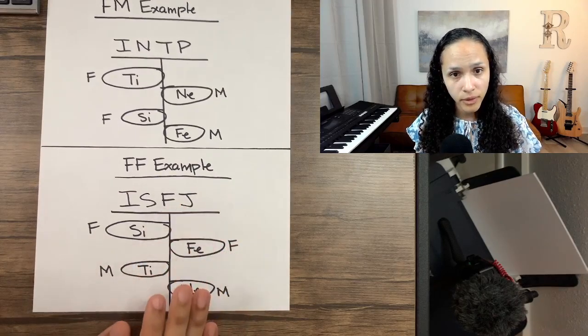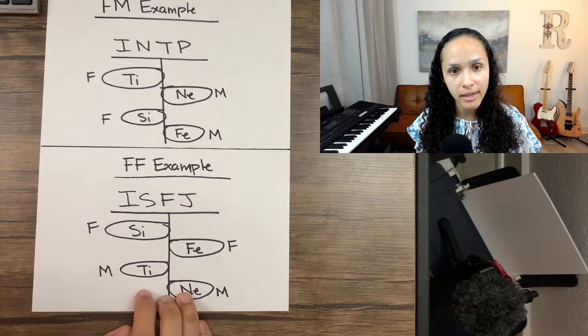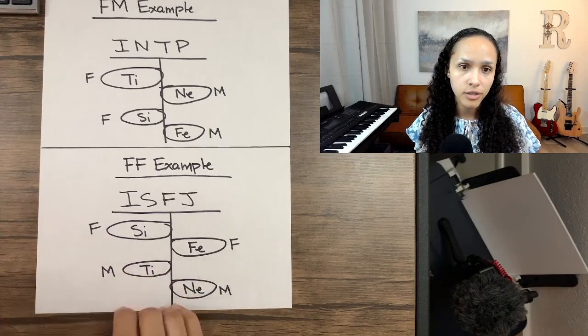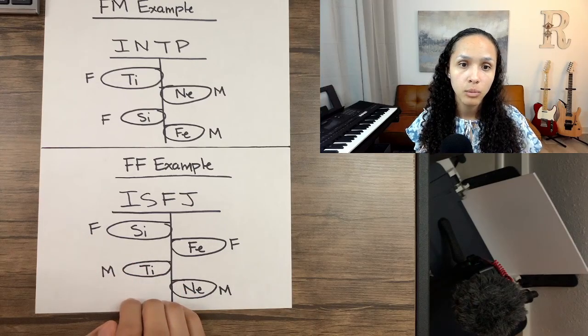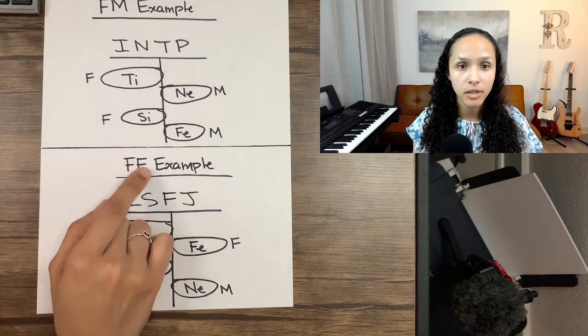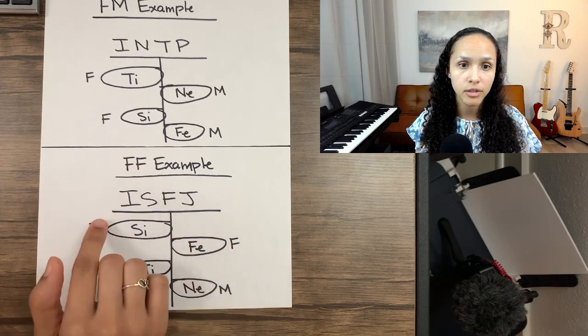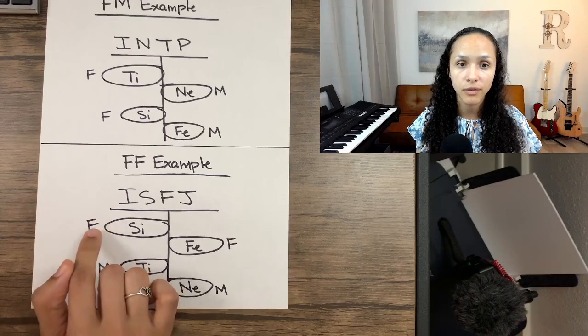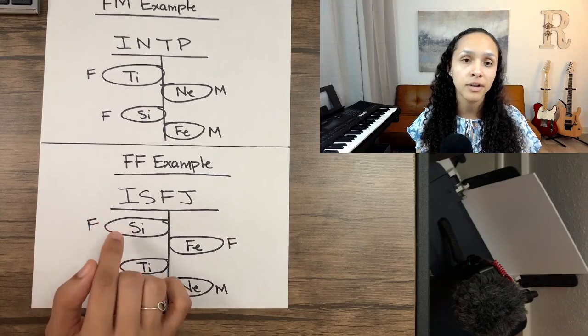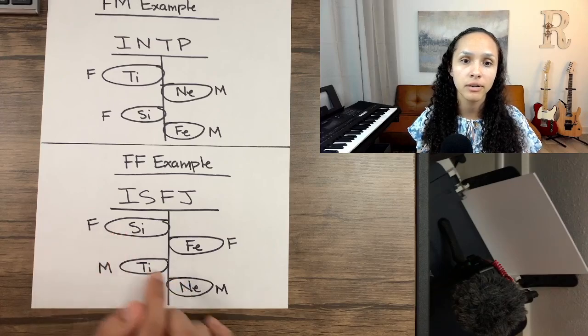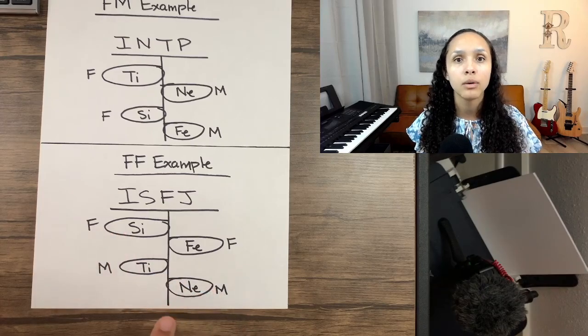And then our double feminine example, we've got an ISFJ. These are their functions. And we have a feminine sensory function and then a feminine extroverted decider. And for this type, it's their first two functions. So their sensory is their first one. It's feminine. Though it's the first one, they're not pushing all that much on it. They'll be more masculine with their concepts.